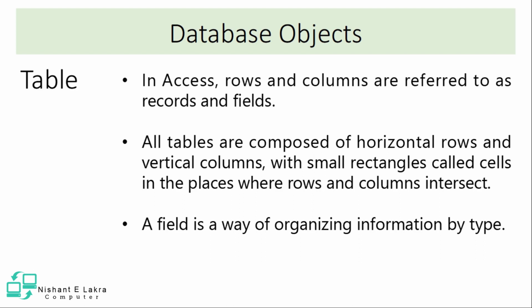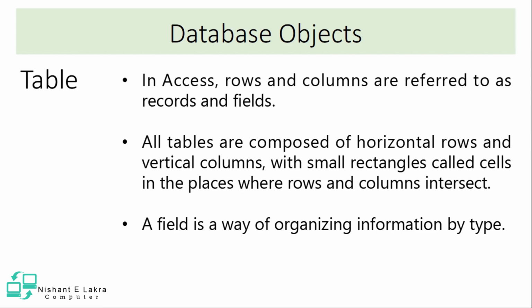I hope you remember we have learned about this when we were studying spreadsheet. It has small rectangles which are called cells, in the places where rows and columns intersect each other.